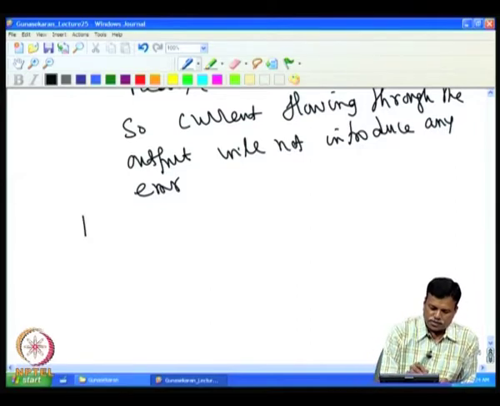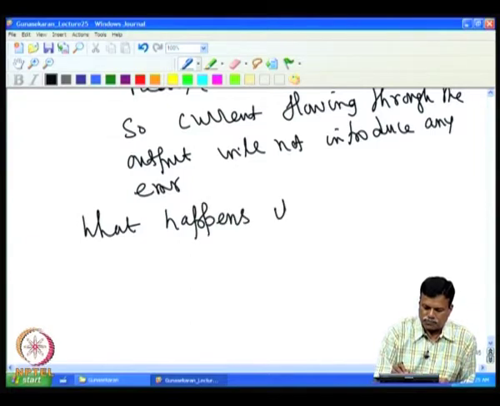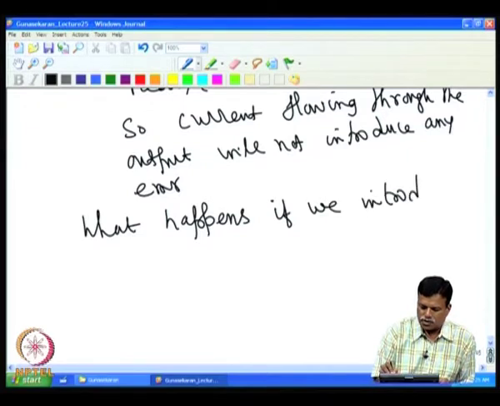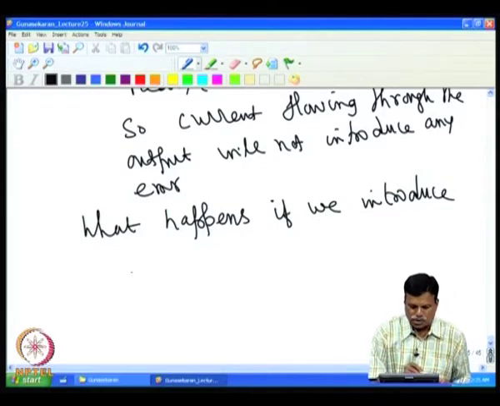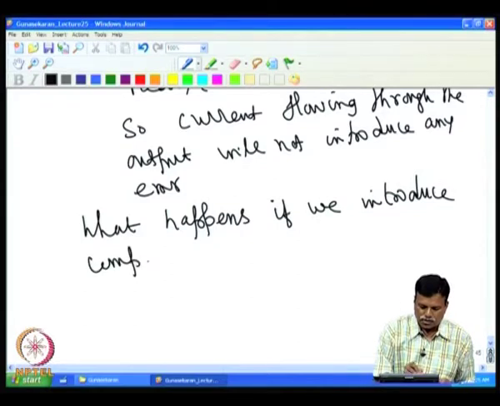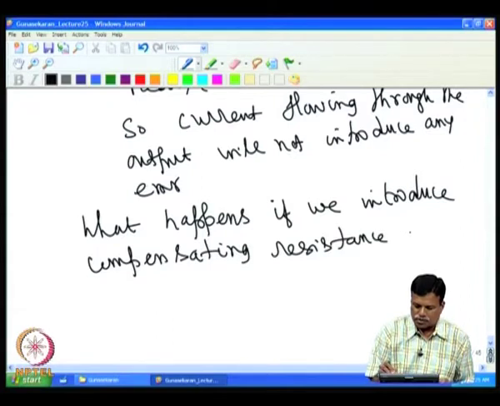What happens if we introduce a compensating resistance in the feedback path?